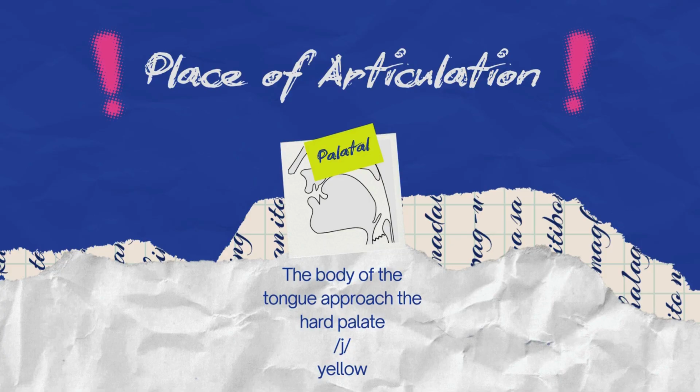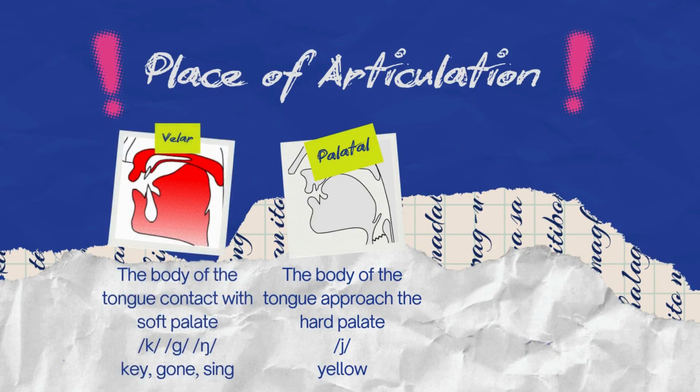Next we have palatal, which is when the body of the tongue touches the hard palate. For example, y in "yellow". Next we have velar, which is the body of the tongue contacting the soft palate. The consonants are k, g, and ng. For example, key, gun, and sing.